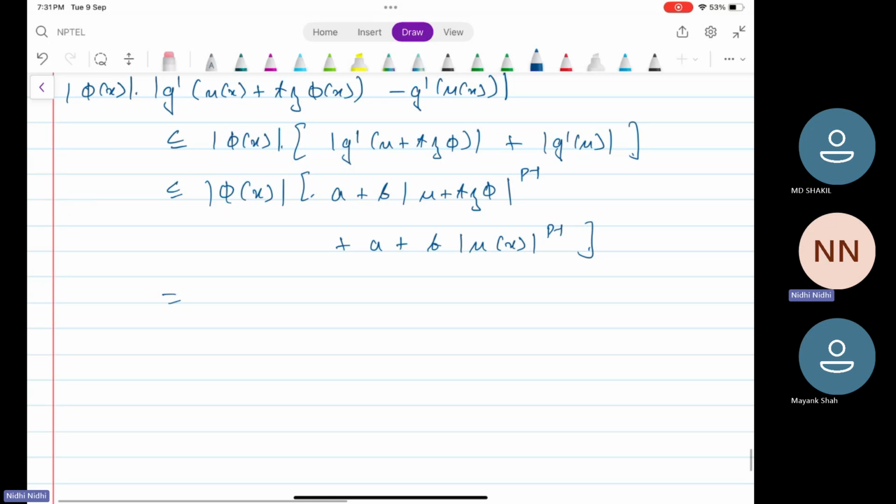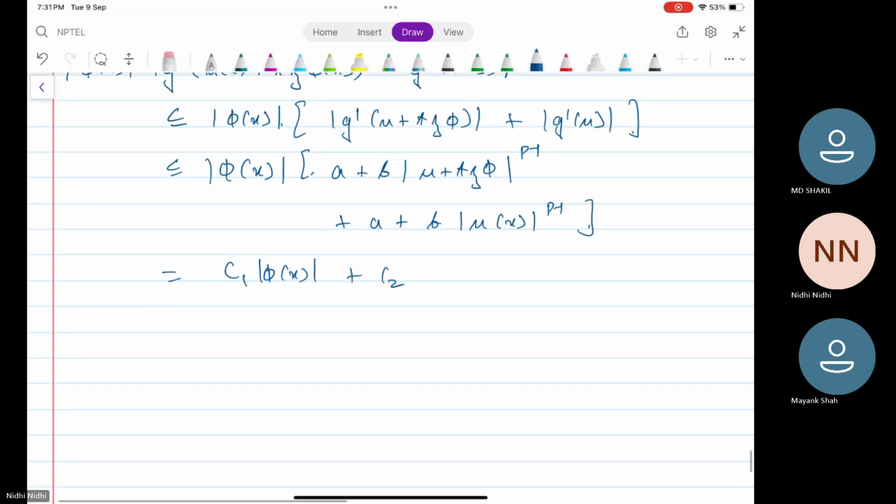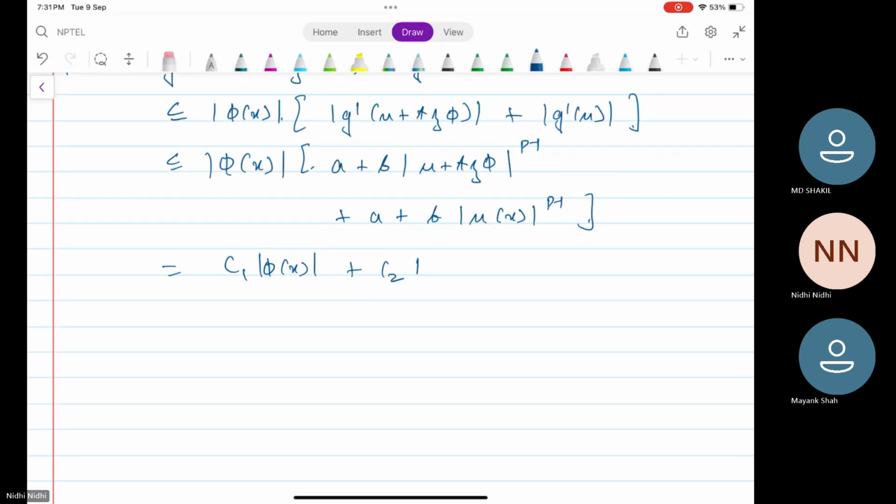So this will be some constant times |φ(x)| plus some other constant times |u + tφ|^(p-1), multiplied by φ(x) as well, plus c3 times |u|^(p-1).